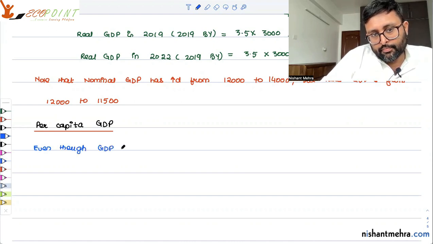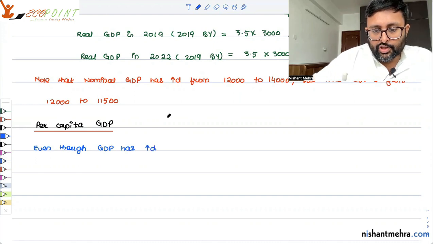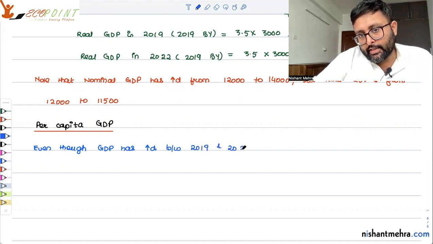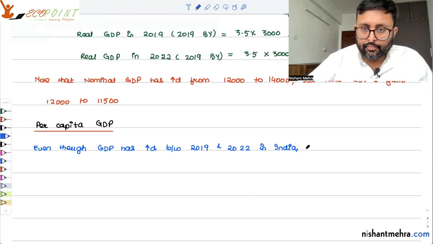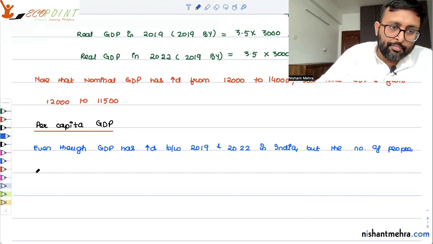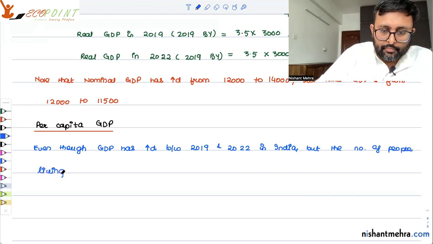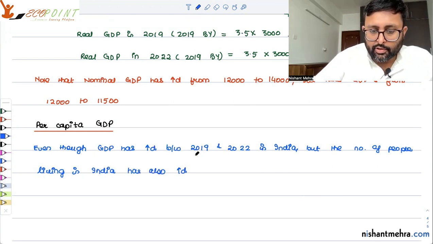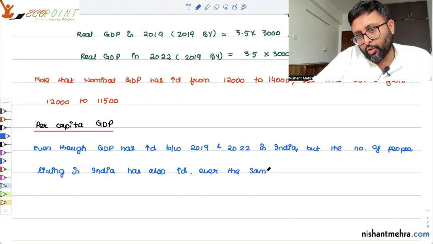Even though GDP has increased between 2019 and 2022 in India, the number of people living in India has also increased over the same period.